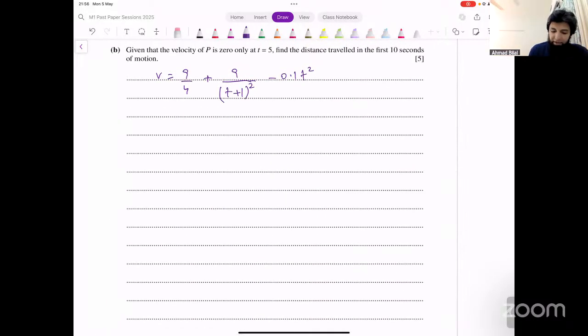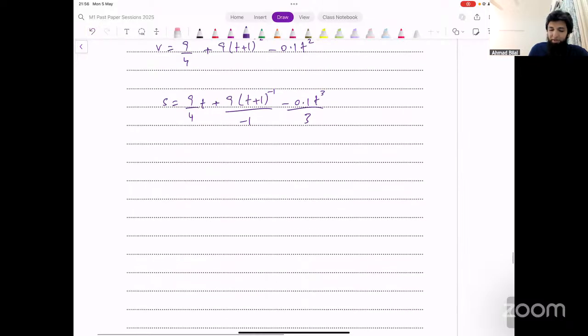We can integrate this. See what that gives us. Integration of 9 over 4 is just 9 over 4 times t. Integration of this, let me actually write this in power form. 9 into (t plus 1) whole power minus 2. 9 remains as it is. We add 1 to the power, divide by the new power, minus 0.1 t cubed divided by 3.